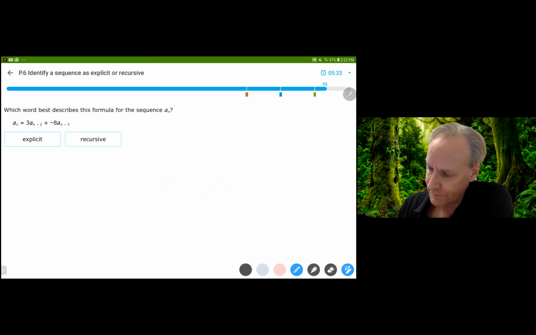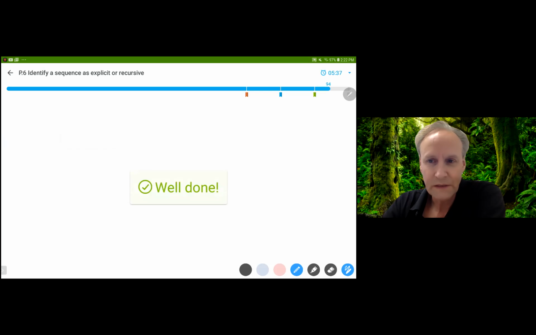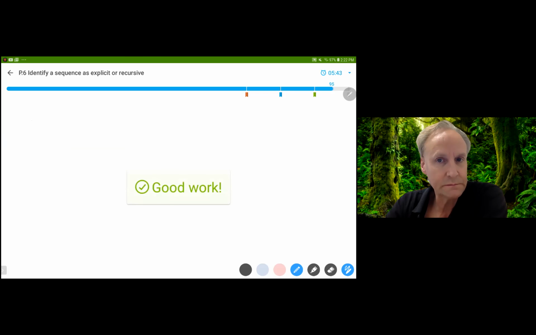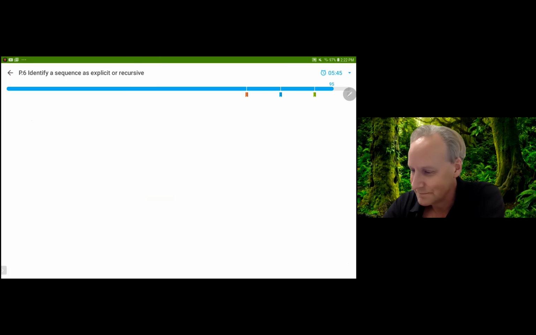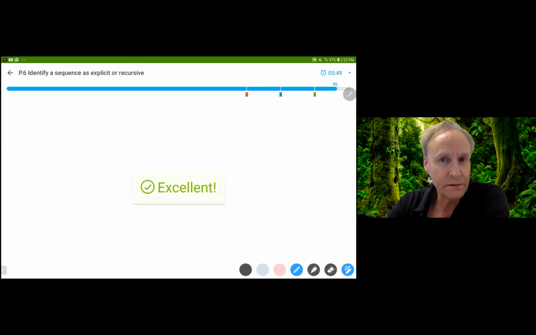This one is recursive because it has former terms that are defining the new one. This one is explicit, even though it's an ln, natural log. This one is explicit. It's a polynomial.